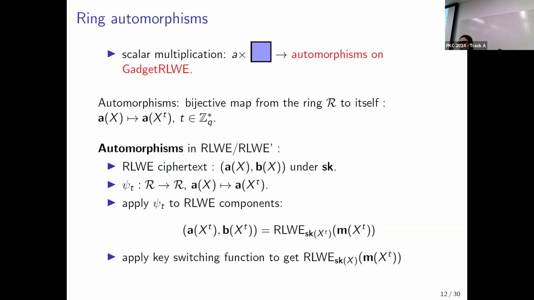And so automorphisms allow us to apply this exponentiation to every single component of our LWE ciphertext. And then it follows the scheme switching, because if you look here, we're applying pi t to every monomial, and then we do a scheme switch to go back to the original secret key. So A is not a ring, A is a ring element. Oh. Okay, sorry, that could have been a shorter answer.